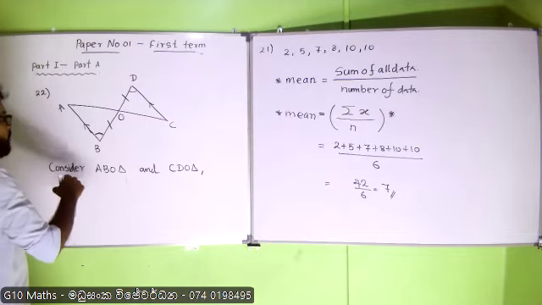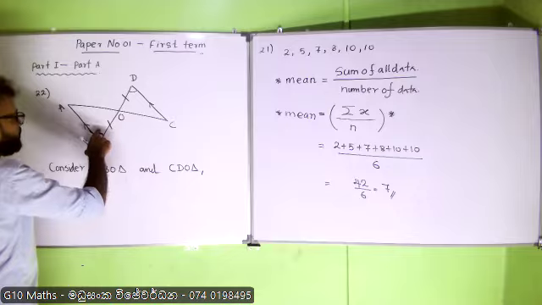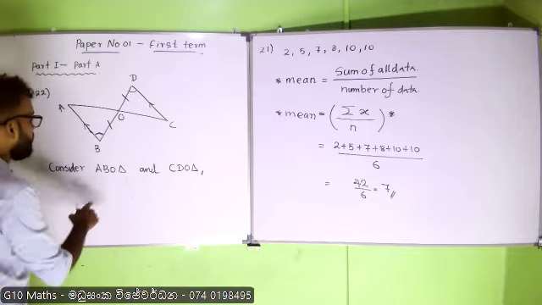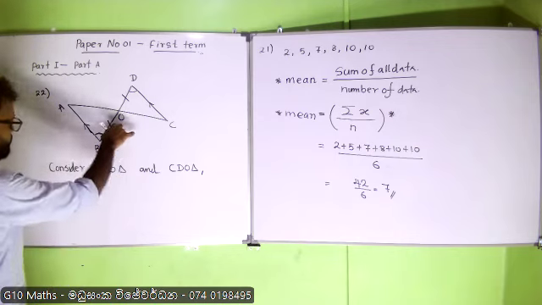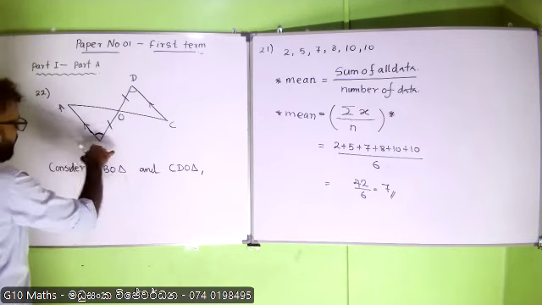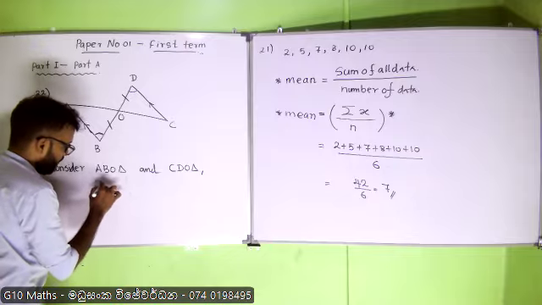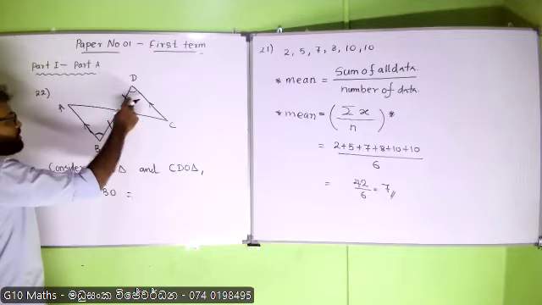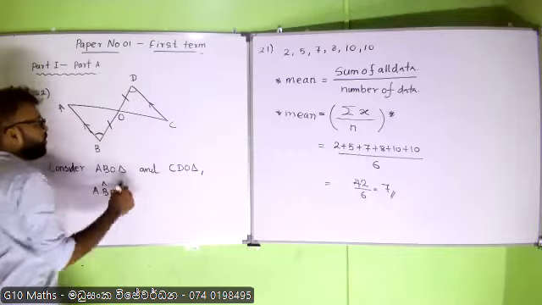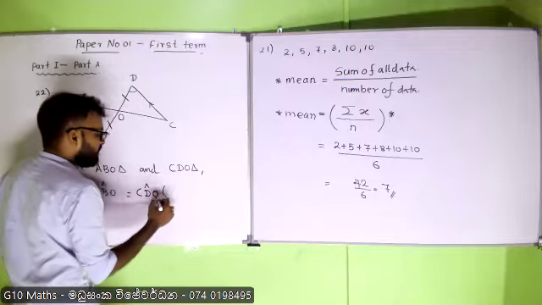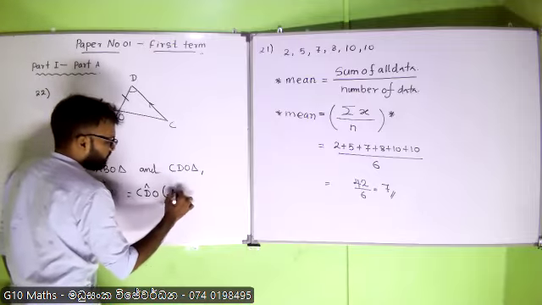You can show this one is equal to this one. The reason is Z-type alternate angles. So from triangle ABO, angle ABO equals angle CDO. What is the reason? Alternate angles.